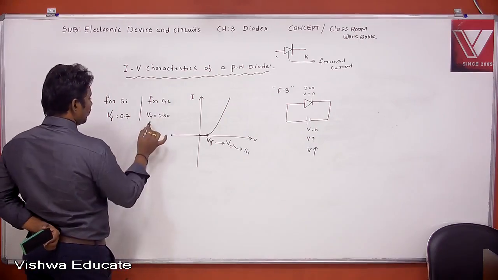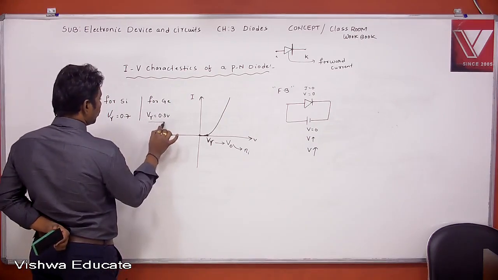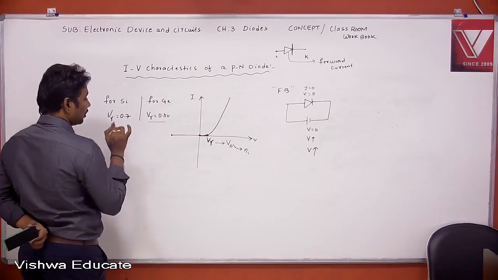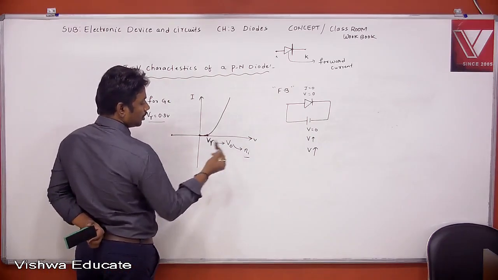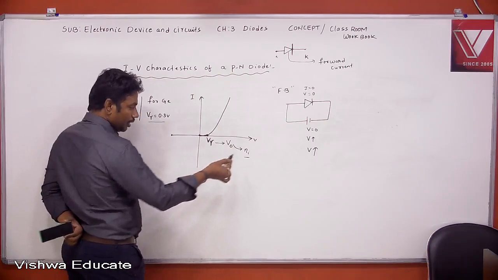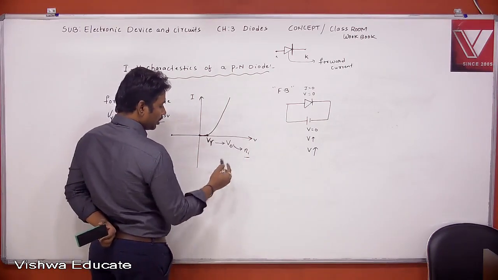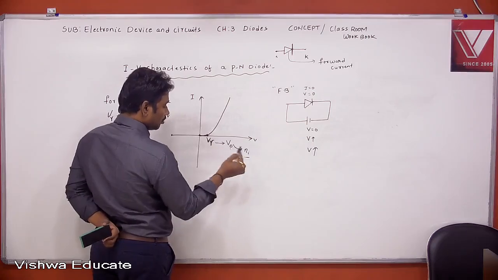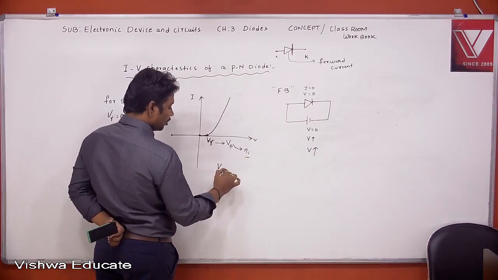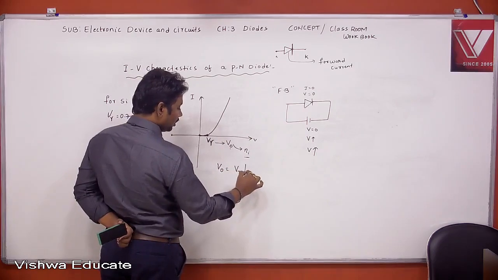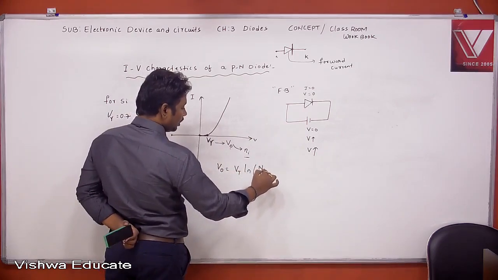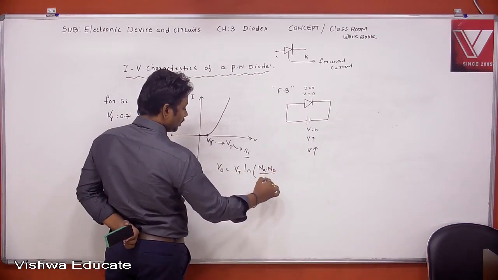Right? Here, why does germanium have lower cutting voltage than silicon? Because it has high intrinsic concentration. High intrinsic concentration means low built-in potential. We know V naught equals Vt into ln of Na into Nd by Ni square.